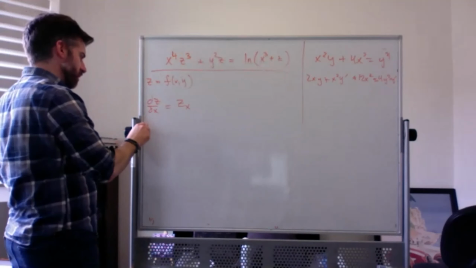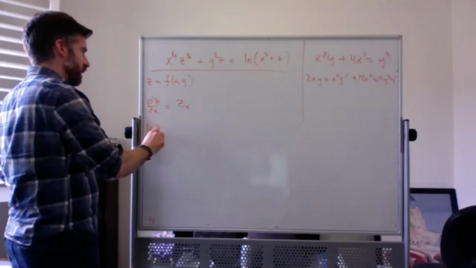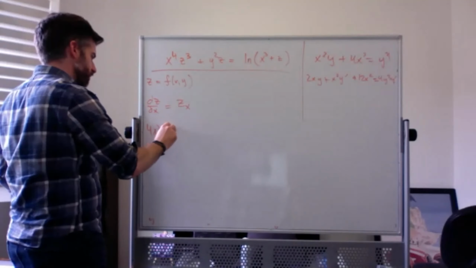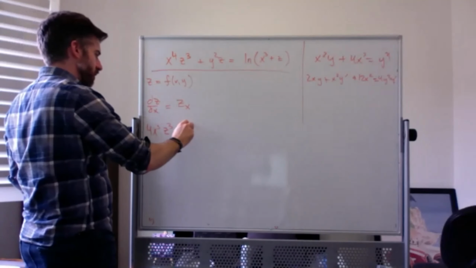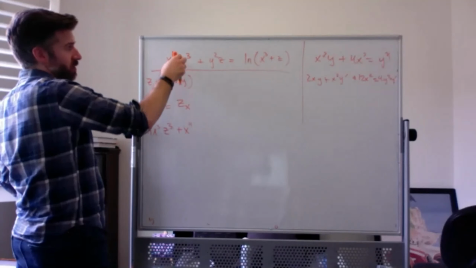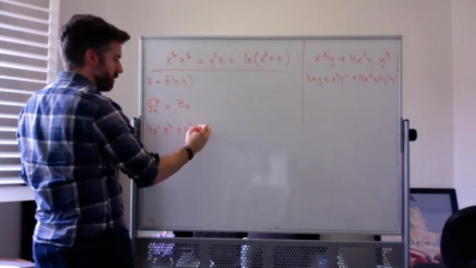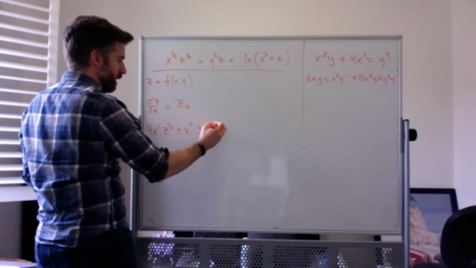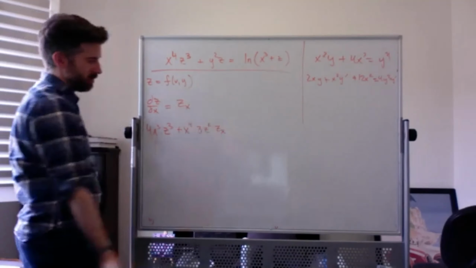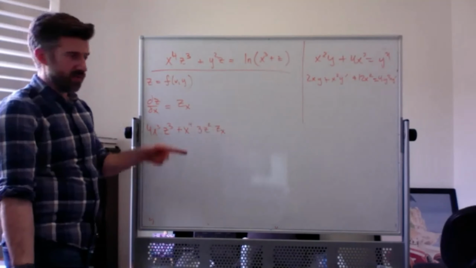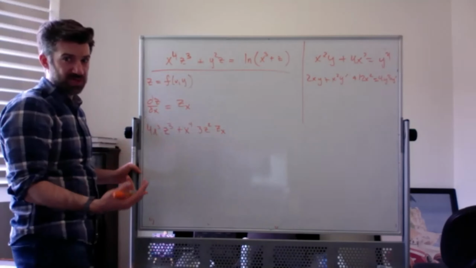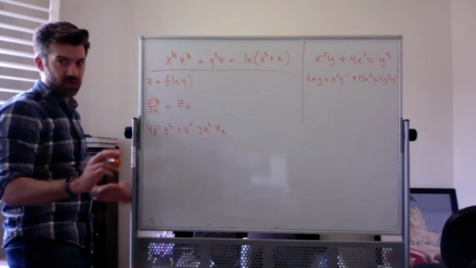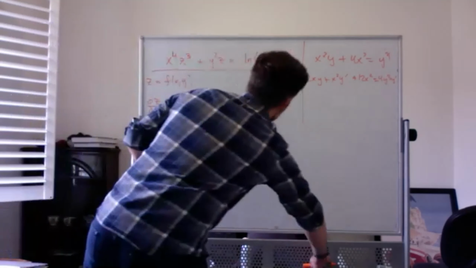So the derivative is going to be 4x cubed times z cubed, leave that part alone, plus, now we do it the other way, x to the fourth times the derivative of some stuff cubed, which is 3 times my stuff squared times the derivative of my stuff. I think you do have to be extra careful if you write it this way because it can be easy for a z sub x to turn into a z times x accidentally, so make sure you're very careful with your notation.